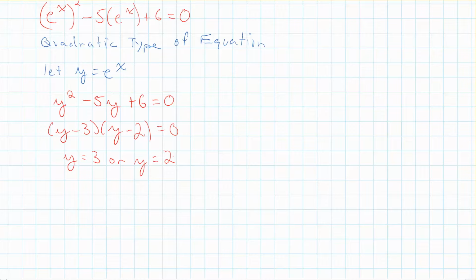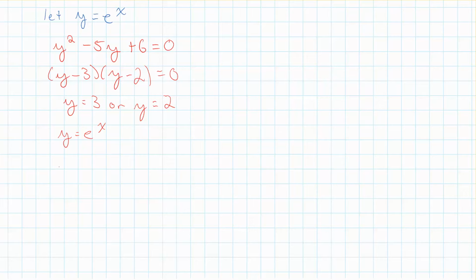Now, of course, this isn't my final answer because what do I know? y is equal to e to the x, and I'm wanting to solve for x. So what do I have here? I have that 3 equals e to the x or 2 equals e to the x.